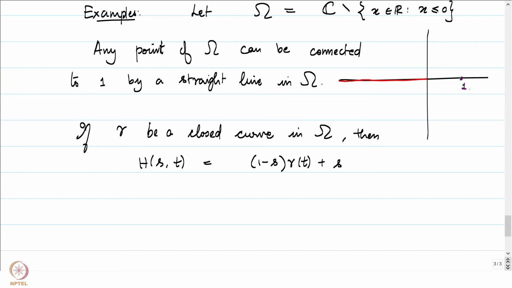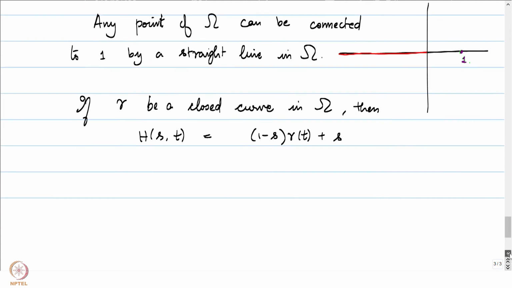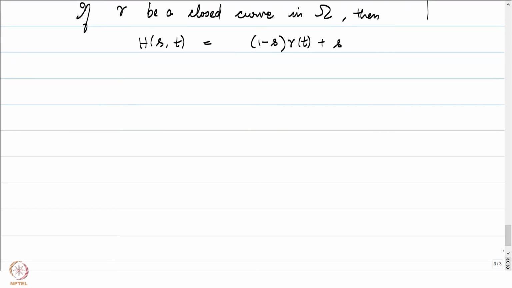At s is equal to 0, this is equal to gamma of t, and at s is equal to 1, this is just equal to 1. So this is a continuous function from 0, 1 cross AB into omega, which is C minus the negative real axis, telling us that omega is indeed simply connected.